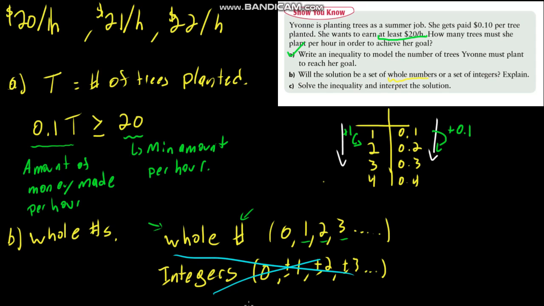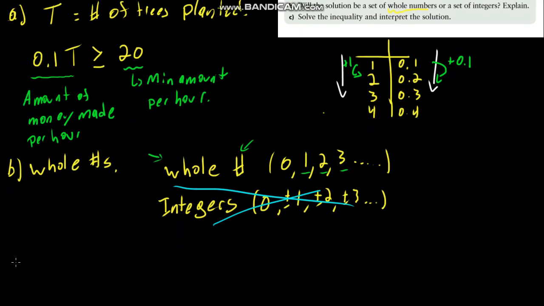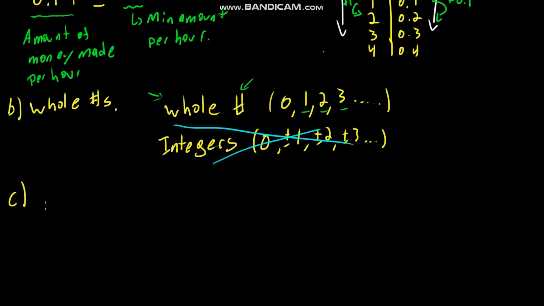Okay, so let's keep on going from this. We're going to do whole numbers, and now we get to take a look at actually solving this inequality. So we have 0.1 t is going to be greater than or equal to 20. This 0.1 t, we are multiplying t by it. So the way that we get around isolating for t is by doing the inverse operation.